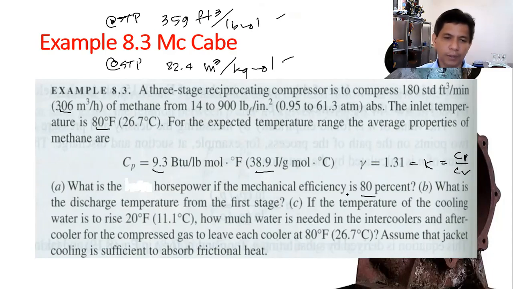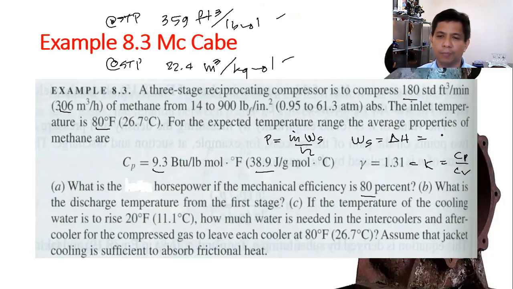So in solving letter A, the general equation for horsepower is P equals m dot times Ws divided by the efficiency. So just try to solve m dot from here, and then Ws is simply equal to delta H, which is simply equal to Cp delta T. And then letter B, what is the discharge temperature from the first stage?